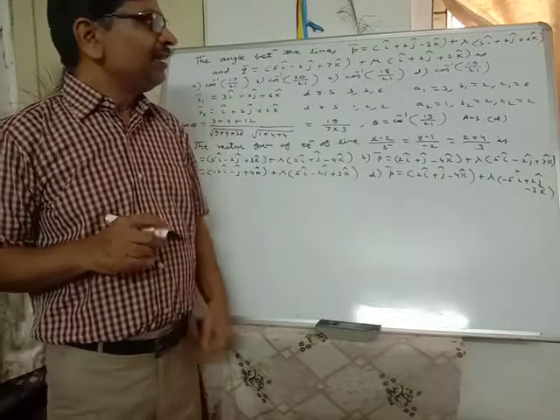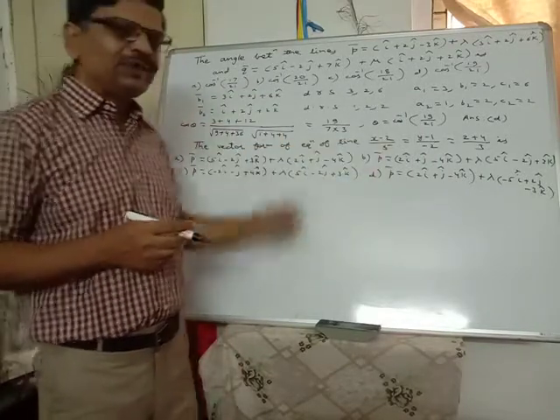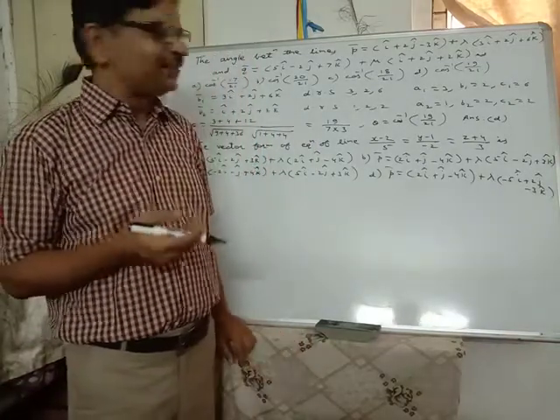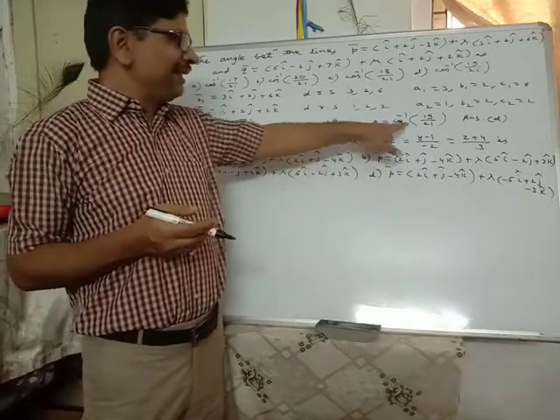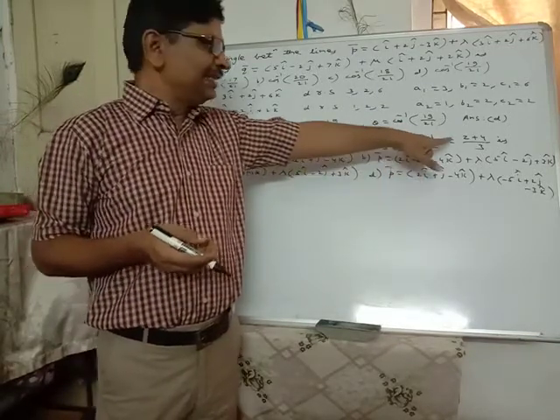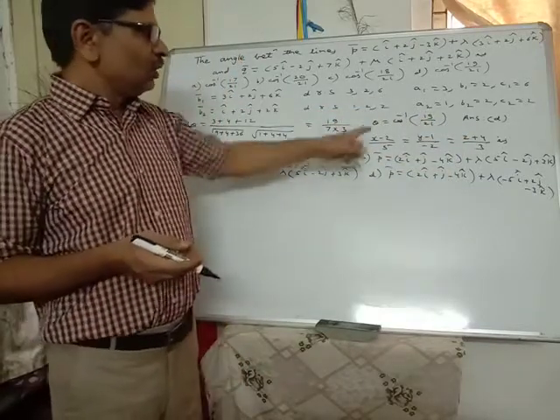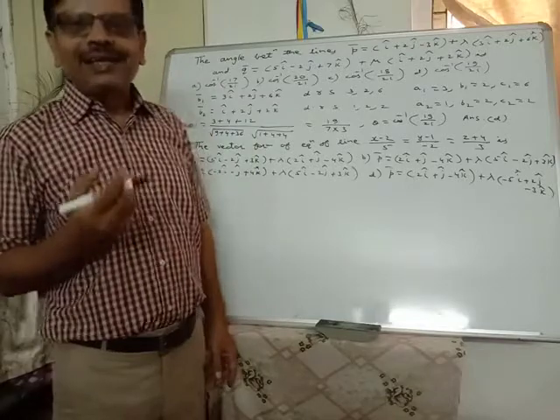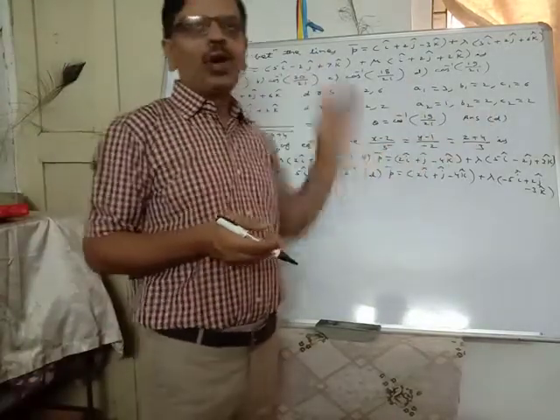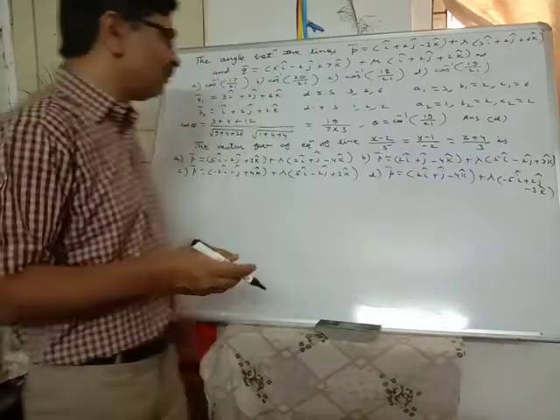Equation of line is given in Cartesian form. So this equation is of the form x minus x1 upon a is equal to y minus y1 upon b is equal to z minus z1 upon c. So from equation of line in Cartesian form, we get coordinates of one point on the line and direction ratios of line.